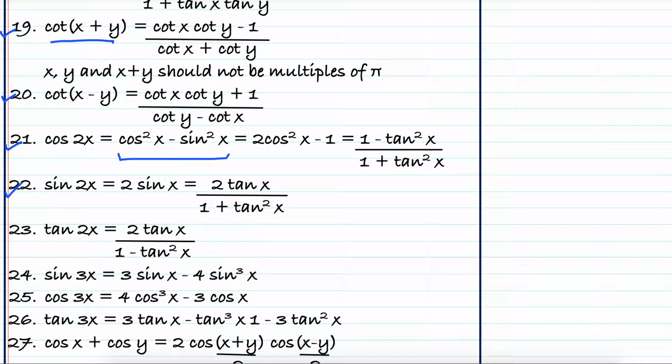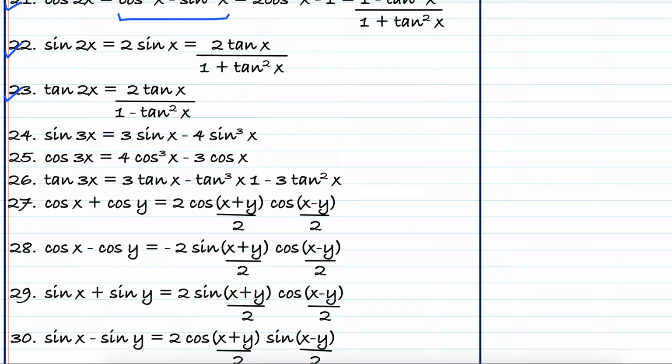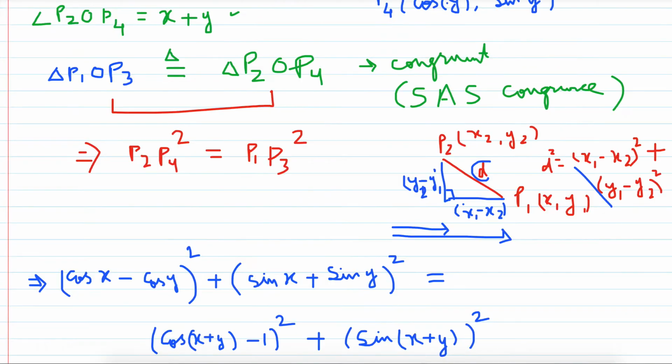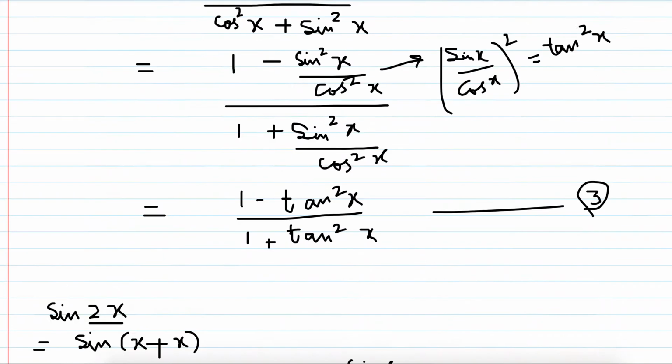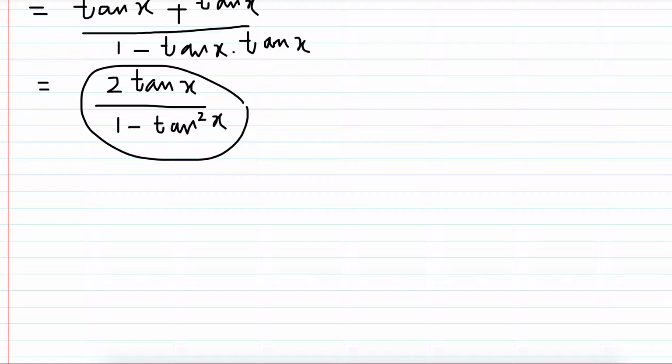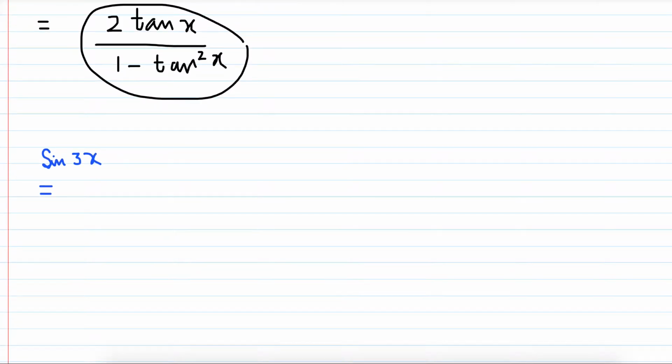So we have covered these three formulas. Now we will see sin 3x, cos 3x and tan 3x. So 3x we can break as 2x plus x.